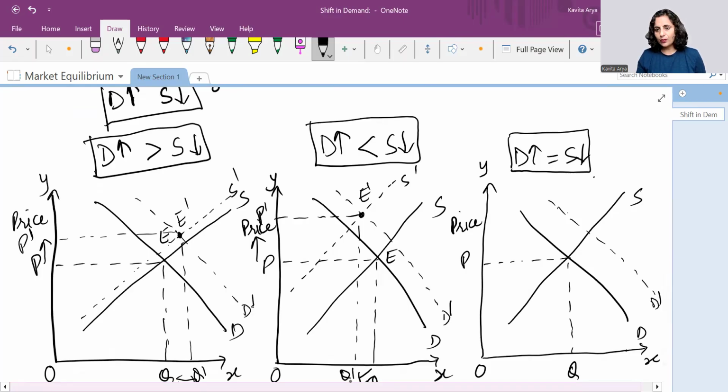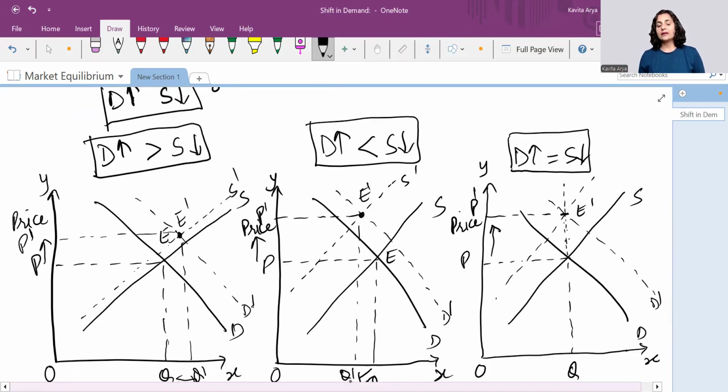So I'll show almost the same supply. So what is the result? Result is there is no change in the quantity. This is my E dash and this is my price. So price has gone up and quantity has shown no change.